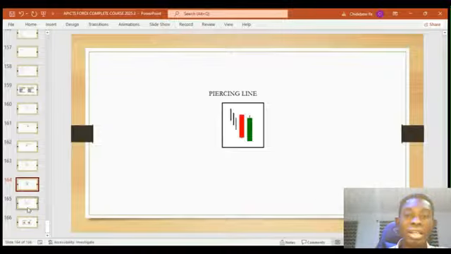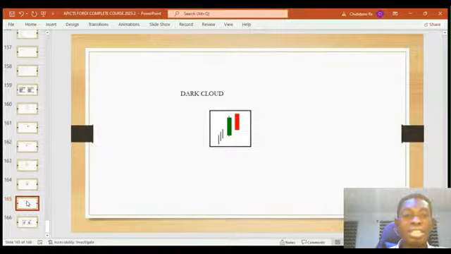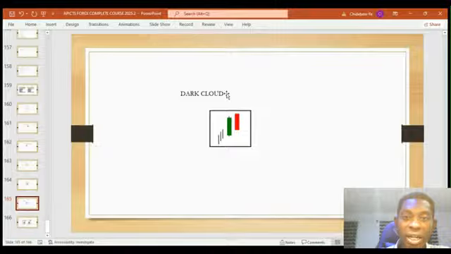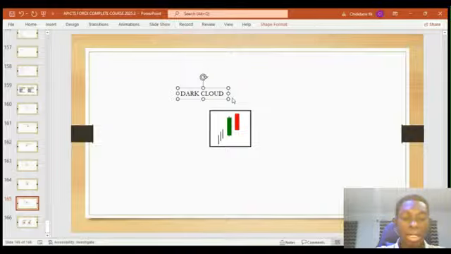I think I have an image here like this. This is the dark cloud cover on my screen. That's what I call it, my dark cloud cover.